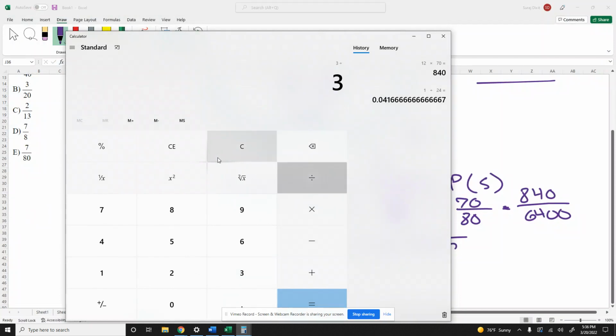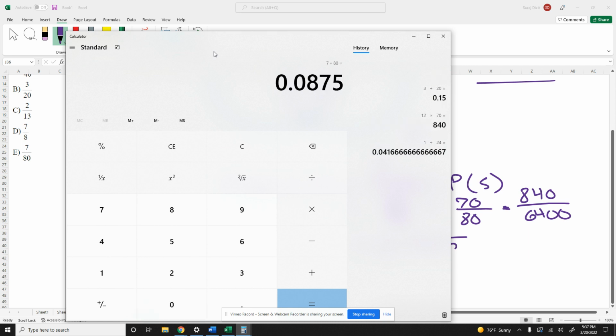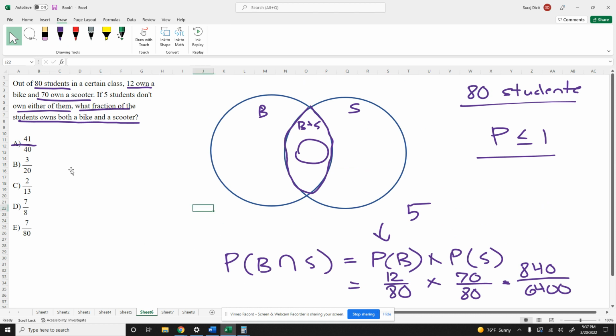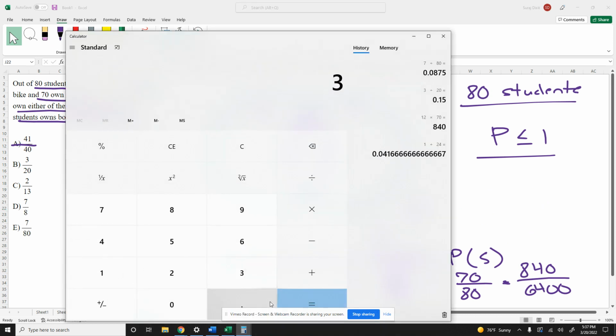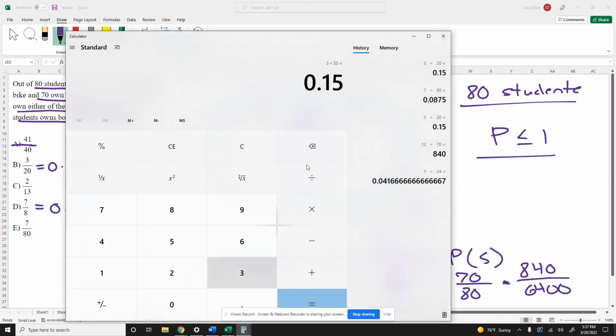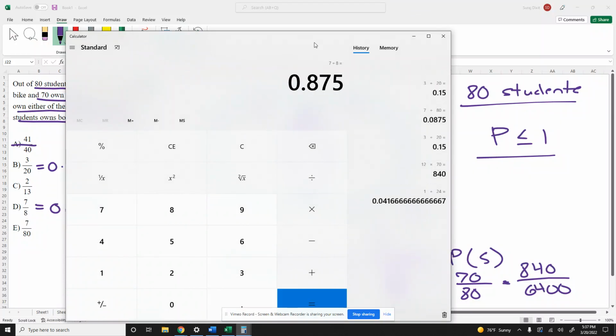I need to find the fraction that matches that, if there is one. 0.15. It's not 7/8 or 7 over 80. No, it's none of them. 3 out of 20 is 0.15. 7/8 is 0.875.